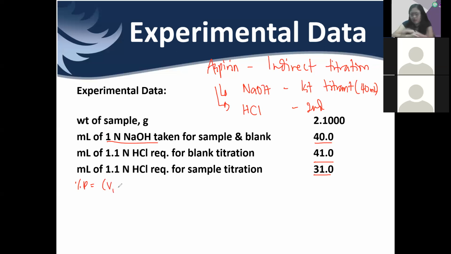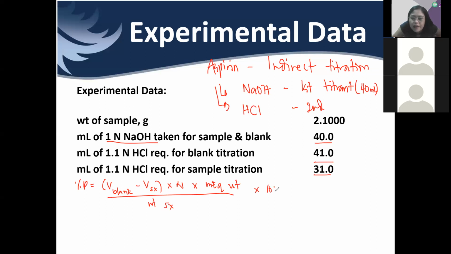So we will be using this formula: the volume of the blank minus the volume of the sample, times the normality, times the milliequivalent weight, divided by the weight of the sample, times 100. The volume of titrant used for the blank titration was 41 mL, minus the volume of the titrant with the sample, 31 mL, times the normality of that titrant.